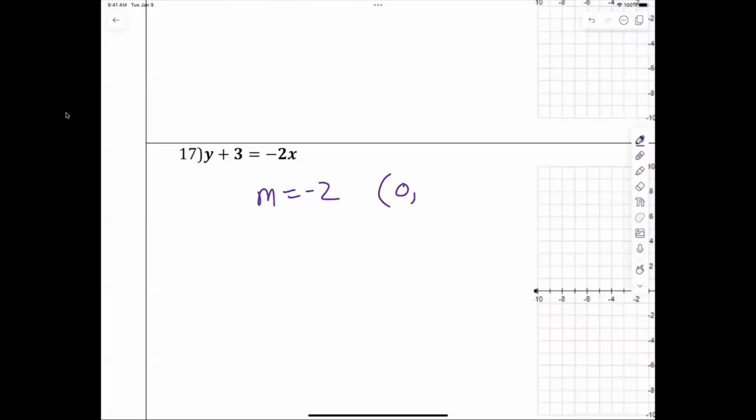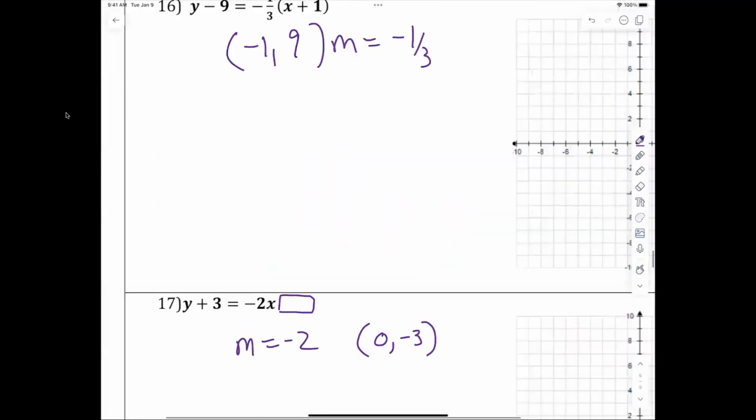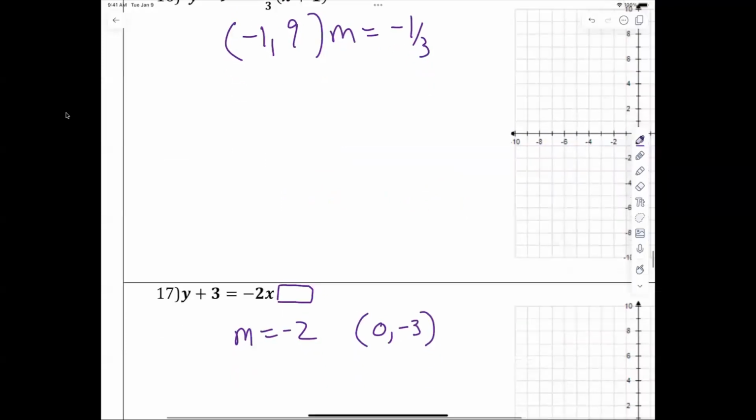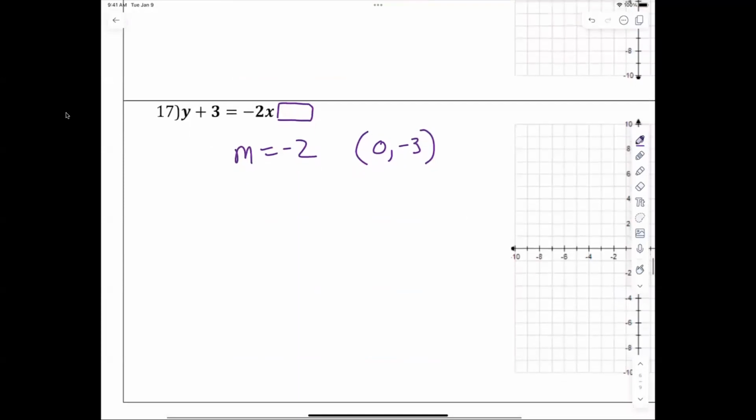Remember, the point is opposite. Yes, 0, -3. Because there's no x. There's nothing after the x. Everything else, there was something after it. Right? Agreed.